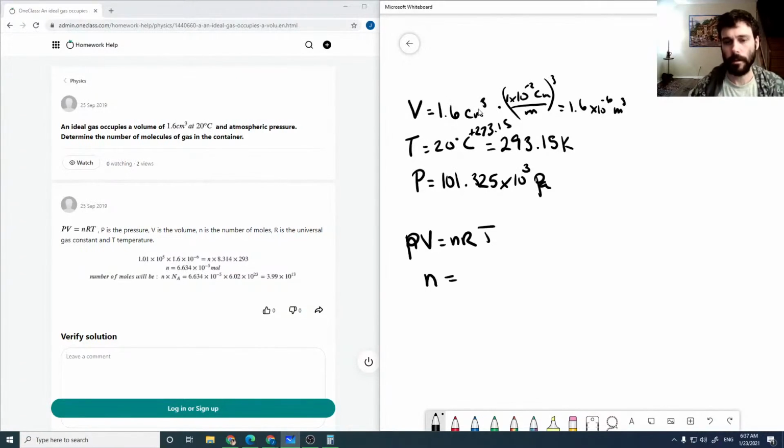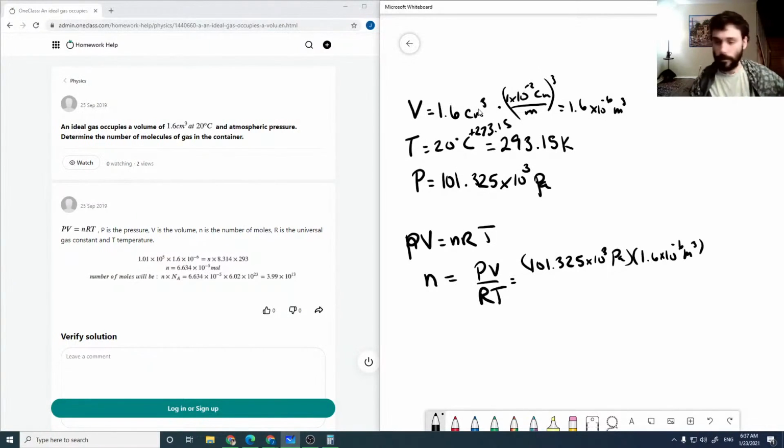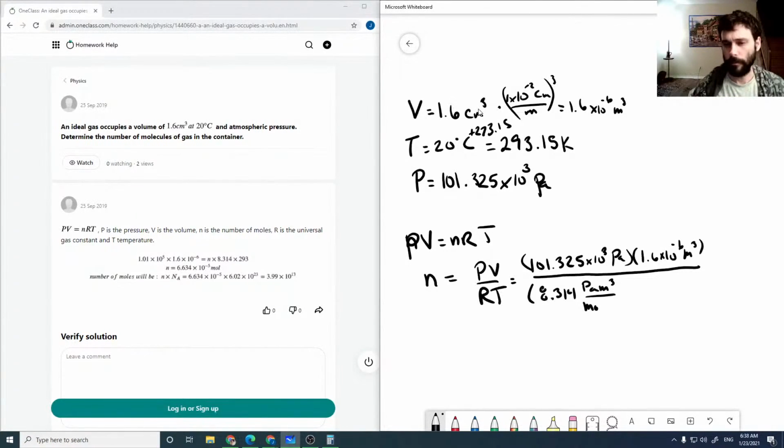Rearranging this, we get n is PV over RT, which is 101.325 times 10 to the 3 pascals times our volume, 1.6 times 10 to the minus 6 meters cubed, over our gas constant, which for this I'm using 8.314, and this is in pascals meters cubed per mole Kelvin.